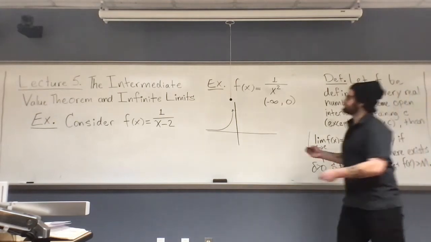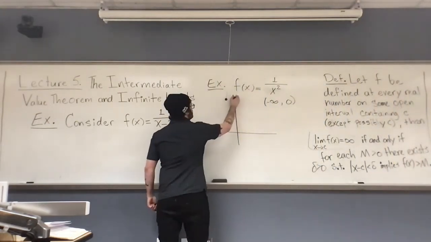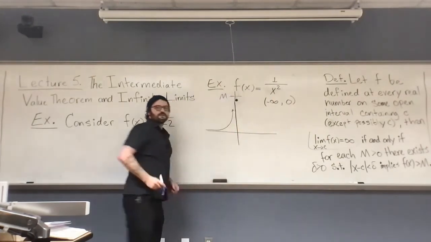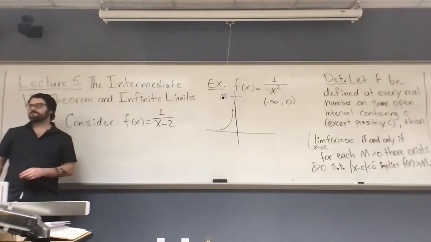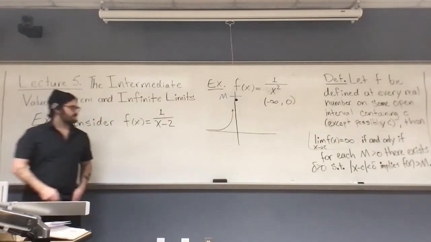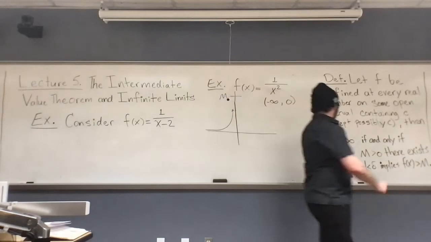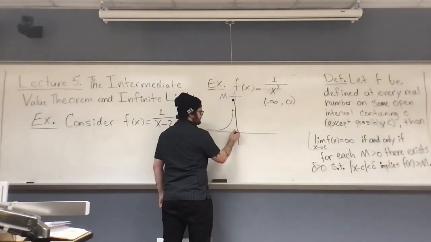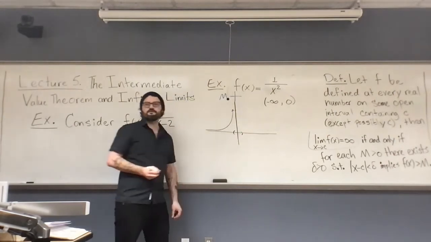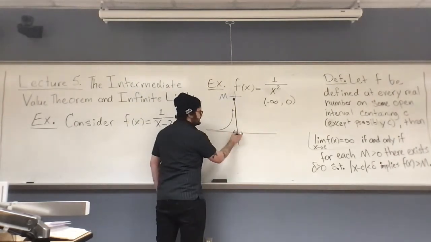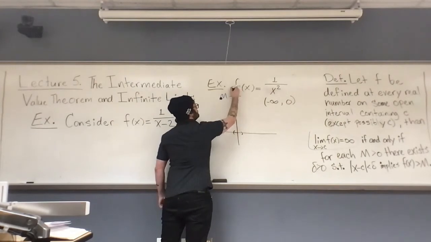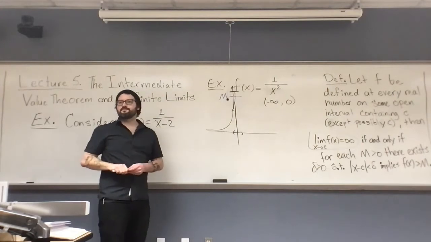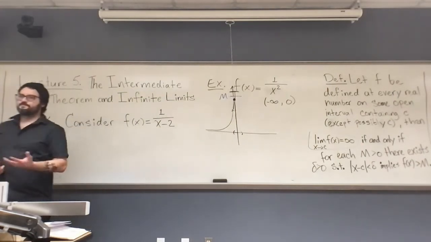So like, that's a positive number right there, right? So what this is saying is that there's like an interval around 0, right? So that if we're close and if we're in here, we're above that value.